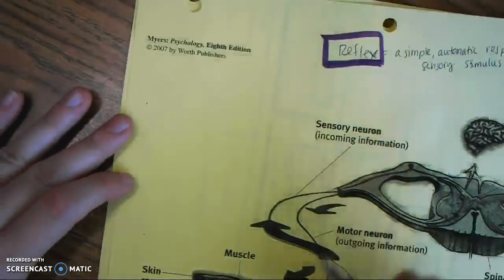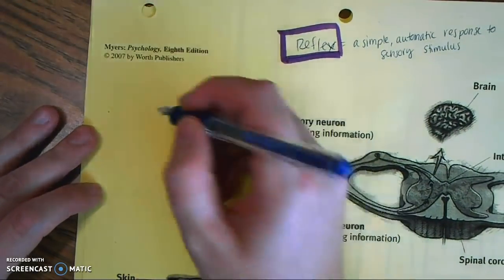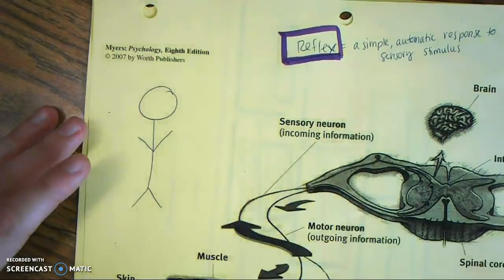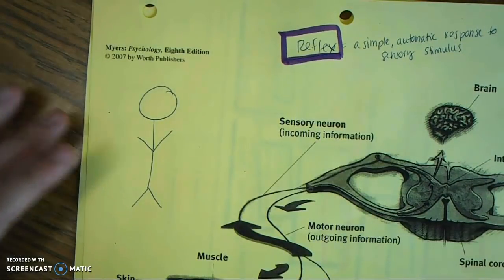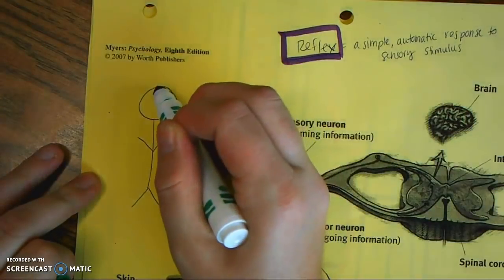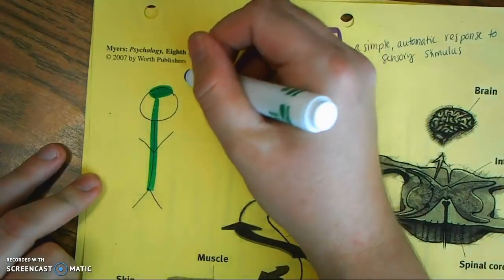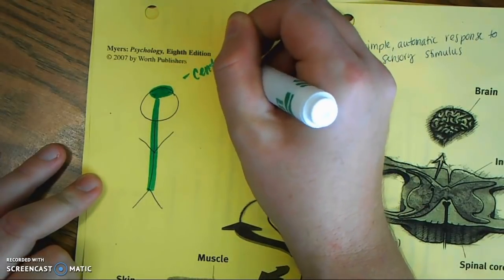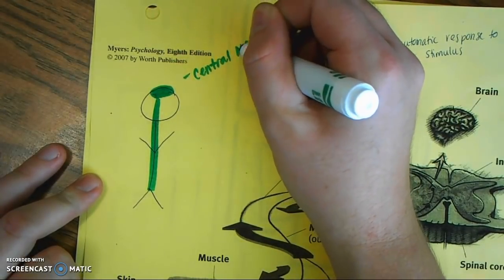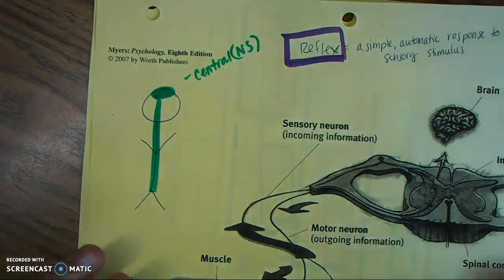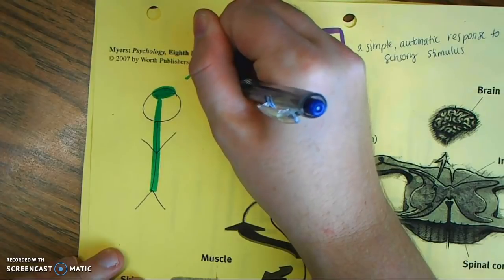So I'm going to go back over here. I'm just going to draw my person. And we discussed in previous videos, the central nervous system is the brain and spinal cord. So central NS stands for nervous system. And we talked about how the central nervous system is made up of interneurons.